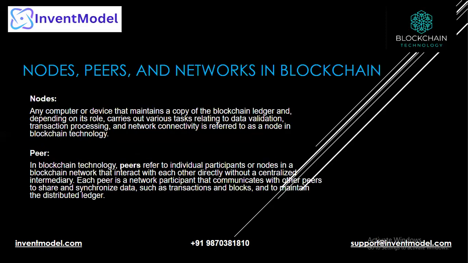So now we talk about nodes, peers, and the network in the blockchain. So first we talk about node. Any computer or device that maintains a copy of the blockchain ledger and, depending on its role, carries out various tasks related to data validation, transaction processing, and network connectivity is referred to as a node in blockchain technology.